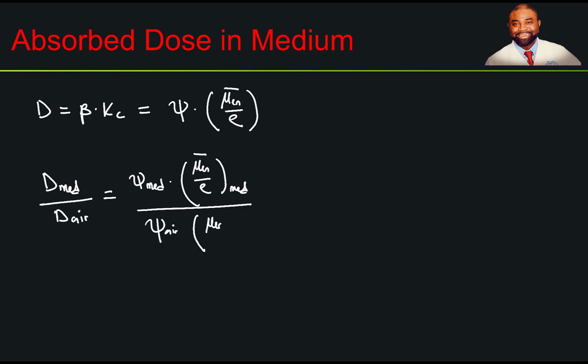Now, this ratio is what we call the transmission factor. So this will be equal to the transmission factor multiplied by the ratio of the mass absorption coefficient of medium to air.